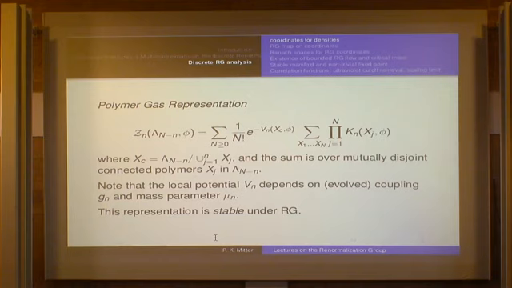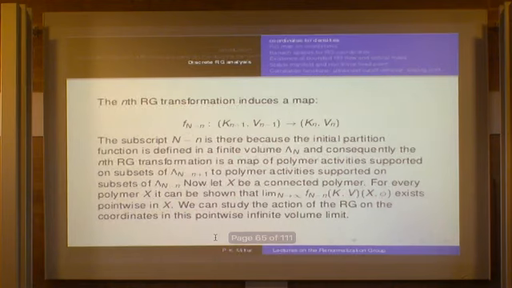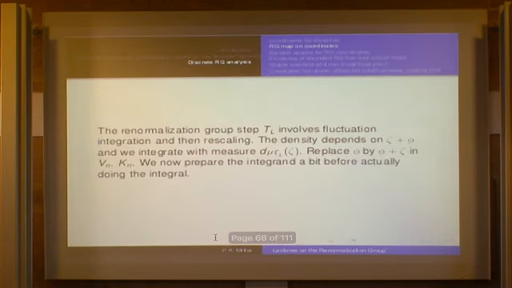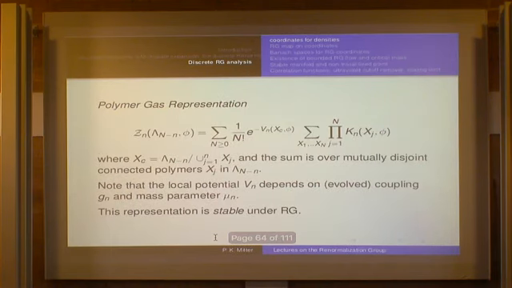This is a sum over disjoint connected polymer activities, and X^c is the complement of the union of all the X_j's in this volume, Lambda_{N-n}.